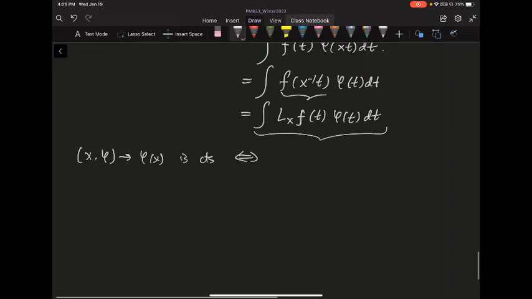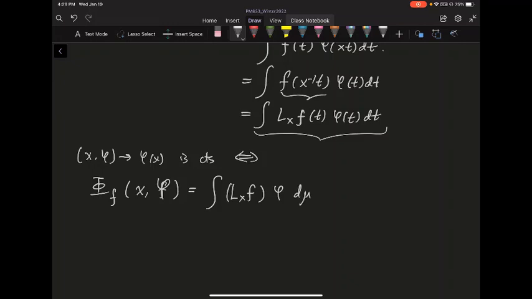That's if and only if, let's define the right-hand side, let's call it big phi. Let's fix an f. I define big phi f at x and phi to be this integral of the left translation of f, multiplied against phi, with respect to the Haar measure. The map is continuous if and only if this map is continuous.